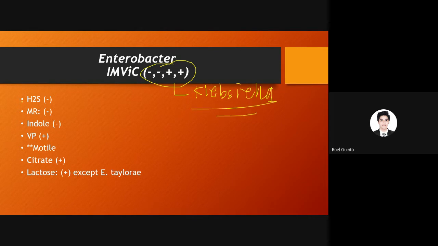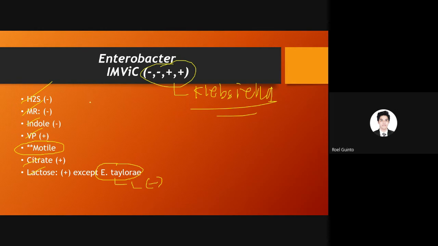So, H2S negative, MR negative, indole negative, VP positive. So, naka-asterisk guys. Tandaan natin, Enterobacter is motile, citrate positive, and lactose positive, except for Enterobacter taylorae because this is a lactose negative.